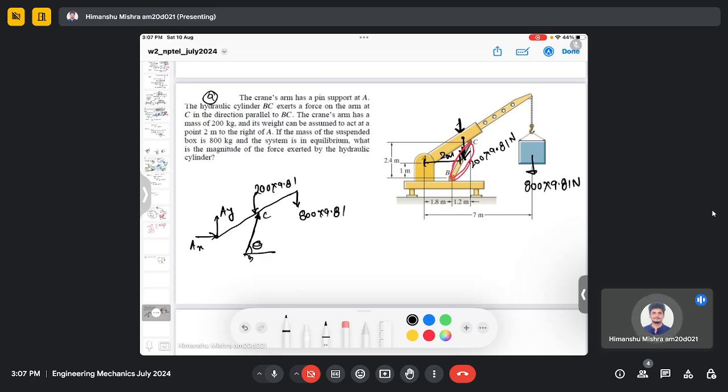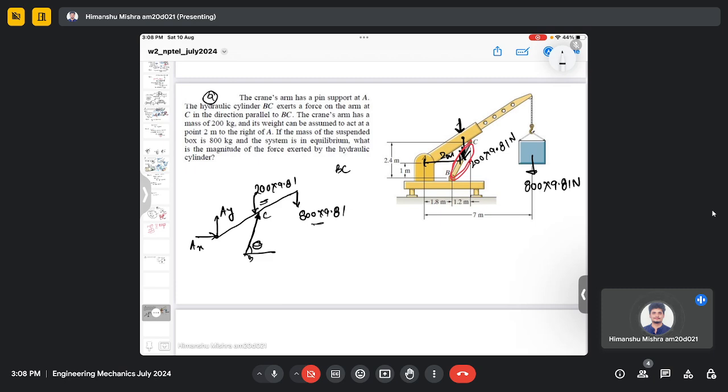This is our rough free body diagram, and we need to find the force in BC. So we know the unknown forces here. We have 200 multiplied by 9.81. We have 800 multiplied by 9.81. We have the unknown force on this hydraulic cylinder, and we have unknown reactions AX and AY.